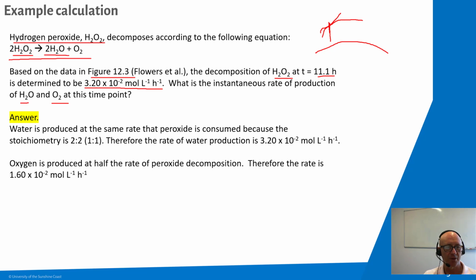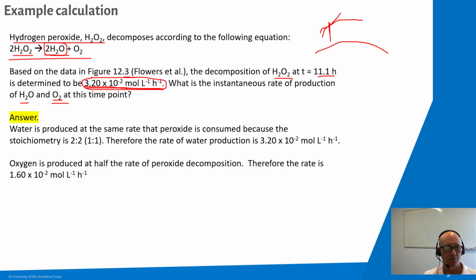In other words, the stoichiometric ratio is 2:2, which is 1:1. So if this is the rate at that time point, which has been measured, then obviously the rate of production of water would be equal to this rate because they're equal stoichiometric ratios.